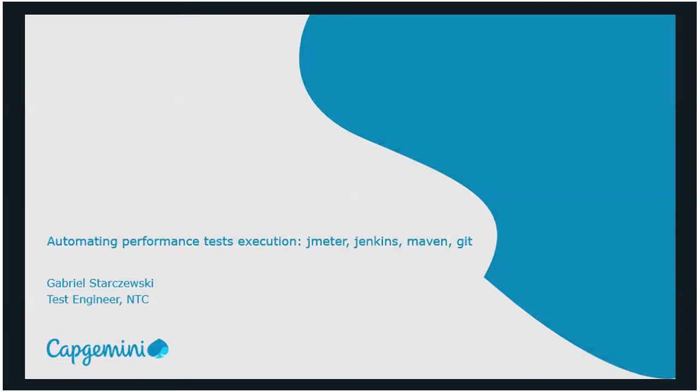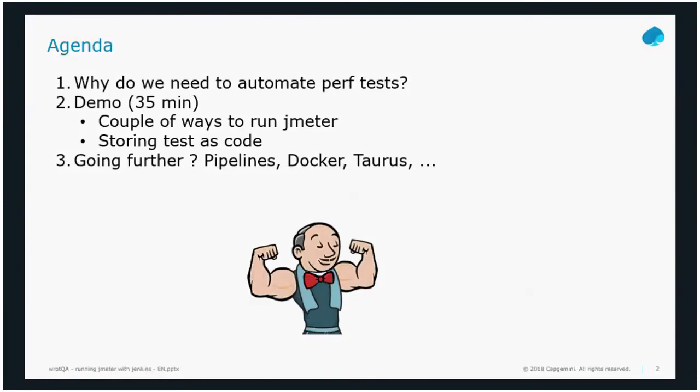So to get you started, let's have a look at the short agenda. We should talk a little bit about why we need to automate performance tests execution. That shouldn't take us more than 5 minutes.